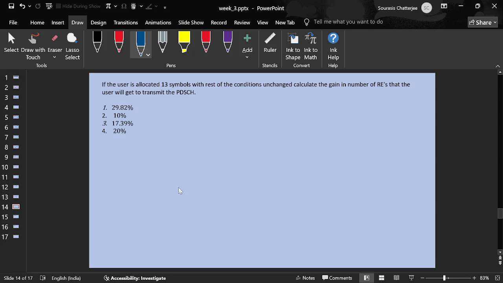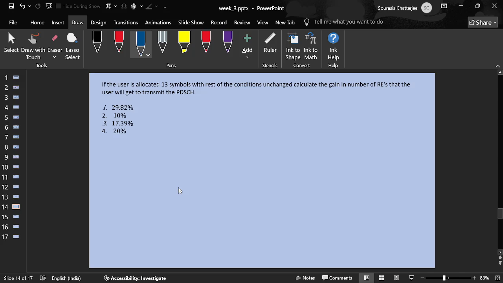The modulation order and the code rate remain unchanged, so you can ignore them. The number of PRBs also doesn't change, so we can ignore the number of PRBs, modulation order and code rate. We can work on one PRB across the symbols.